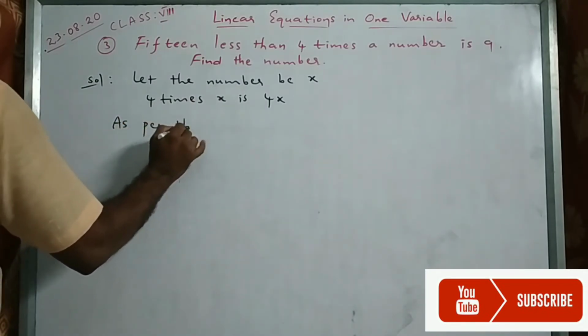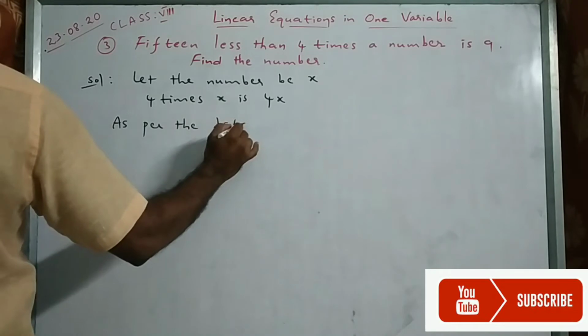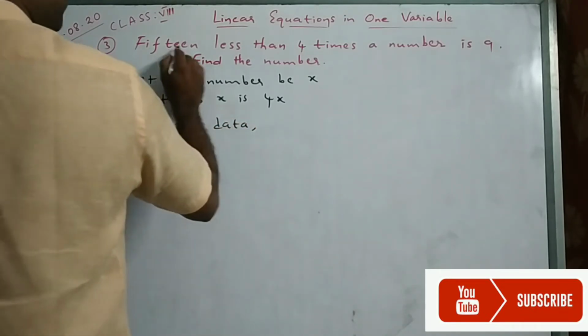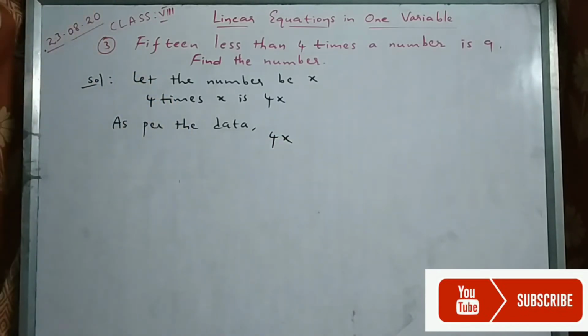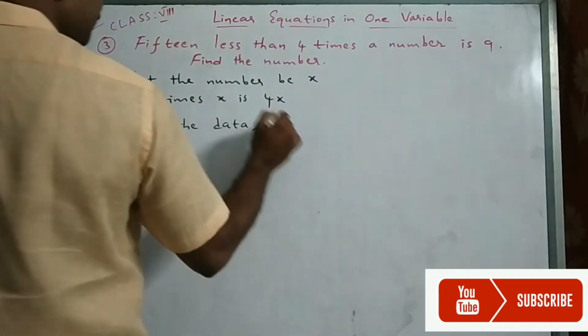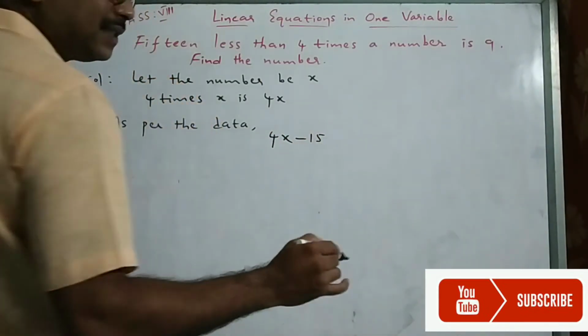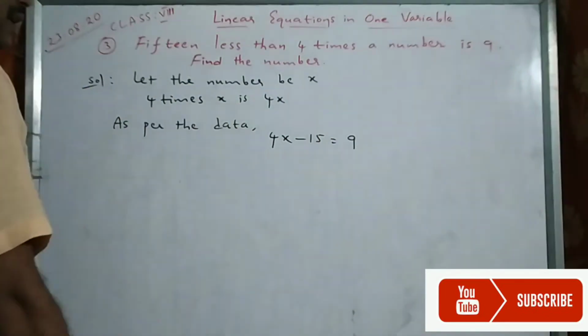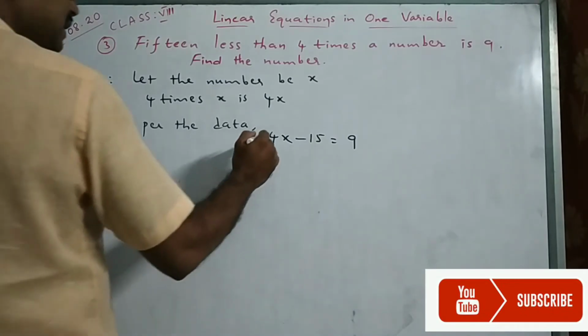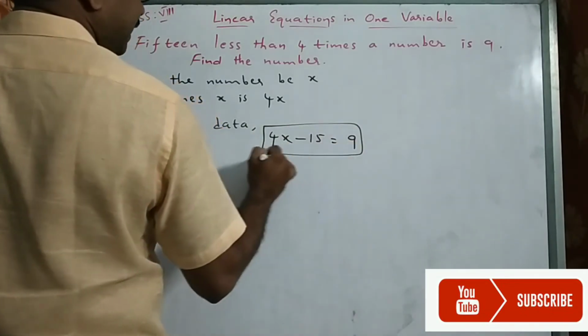As per the data, 15 less than 4 times a number. 4 times a number is 4x, 15 less means we have to subtract, that is equal to 9. Observe this, this is a linear equation.